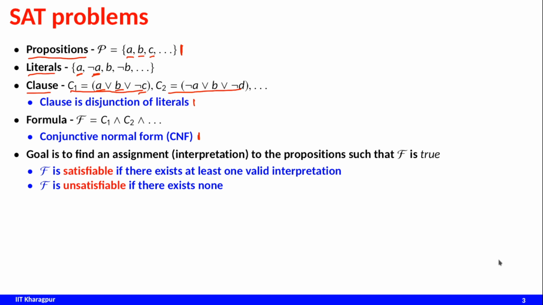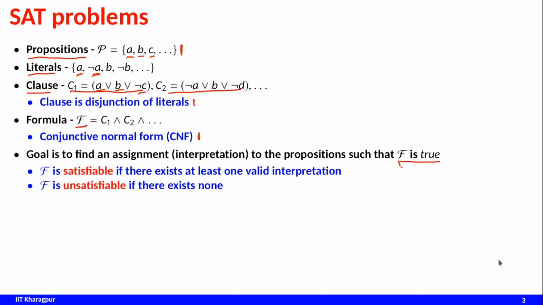Now the goal is to find an assignment to the propositions such that my formula f is true. Once we formulate the problem in this manner, we do not know upfront whether the formula f is true or not.